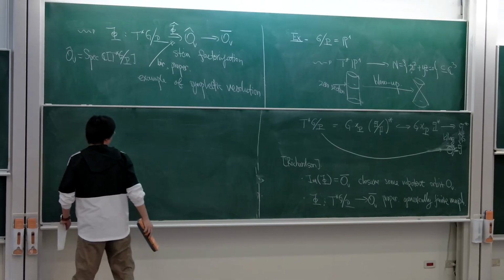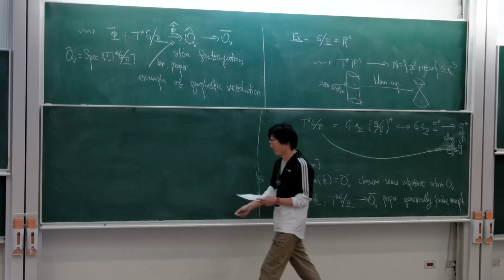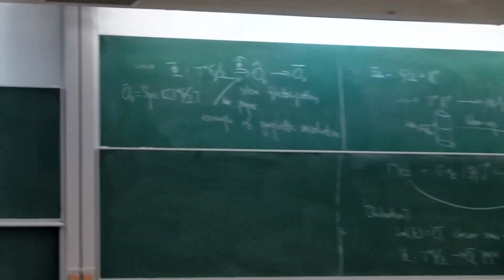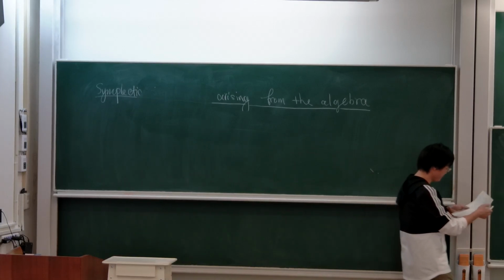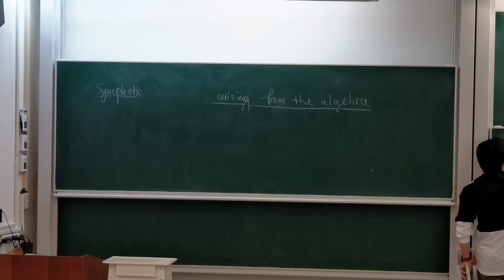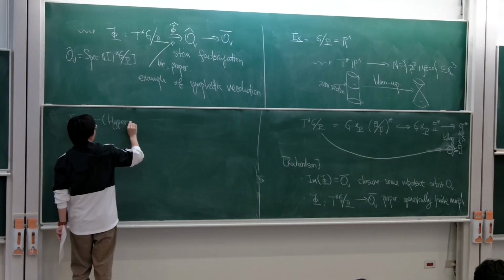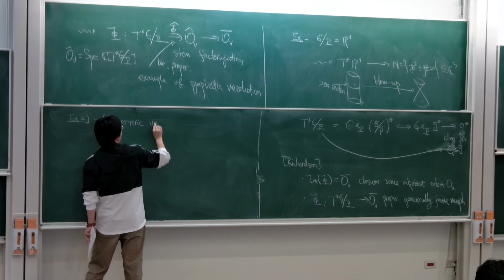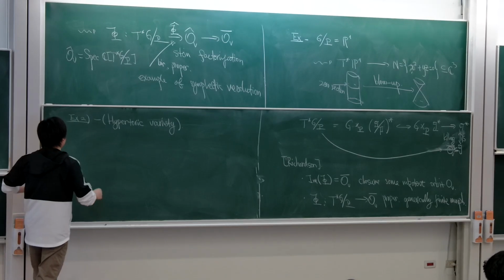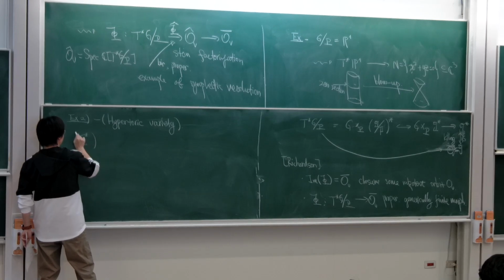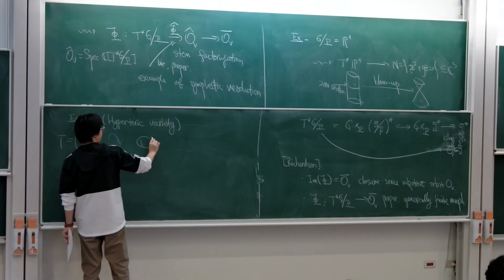So the second example I want to talk about is the hypertoric variety. You take a torus of dimension r, which acts on the affine space Cn.